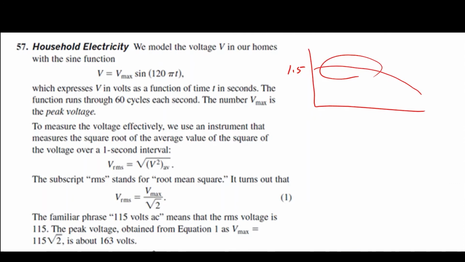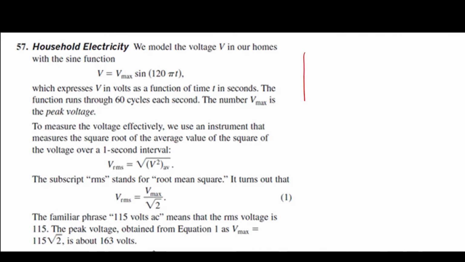But do you know that this thingy is not really direct current? It's known as alternating current, which looks like this. It's a sinusoidal function. Did you know this? Did you ever wonder why there's no plus and minus on these outlets?